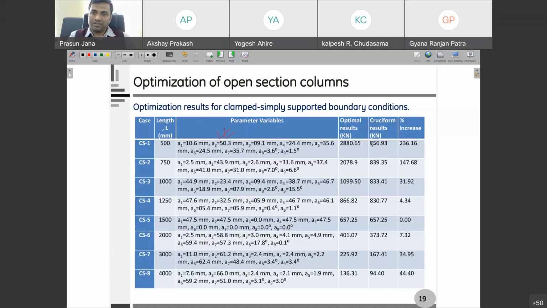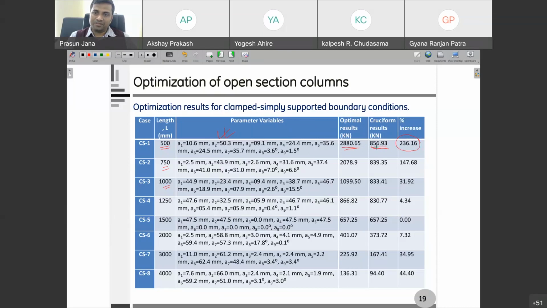But here, one thing you can notice is that this is the cruciform section result, and this is the first case. So this is your length 500 millimeter, and then 750. So length we are increasing, and we are seeing what the cross section is. Here you can see the increase is 236%.